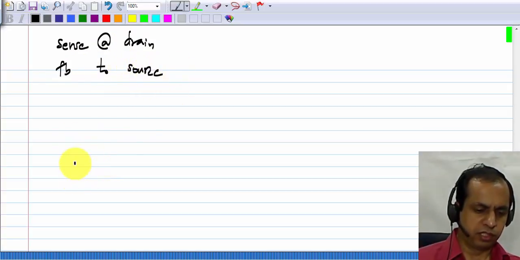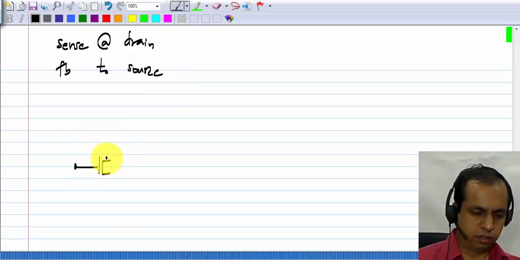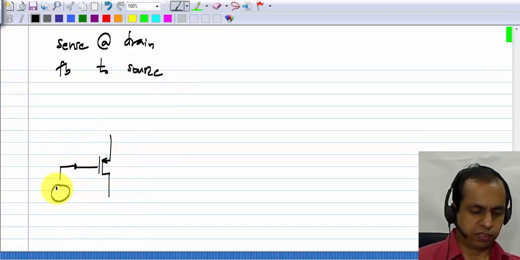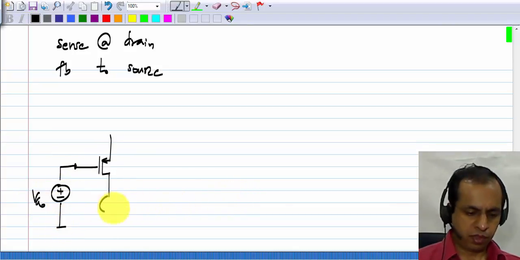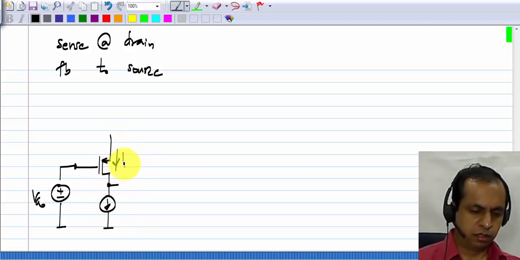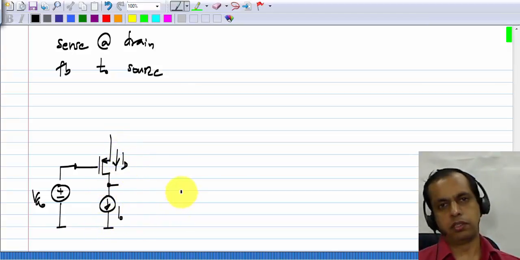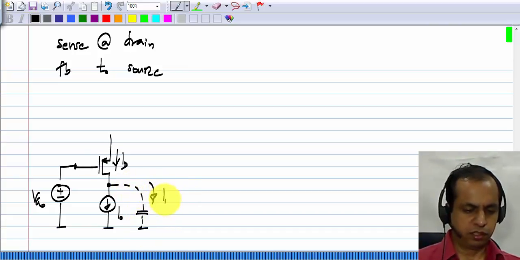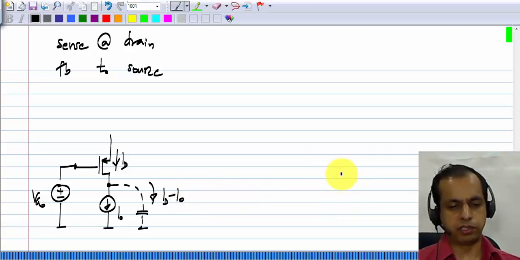With a PMOS transistor, again, the gate is tied to some fixed voltage VG0, and to sense the difference at the drain, this is ID and this is I0. The difference current ID minus I0 flows through the capacitor.